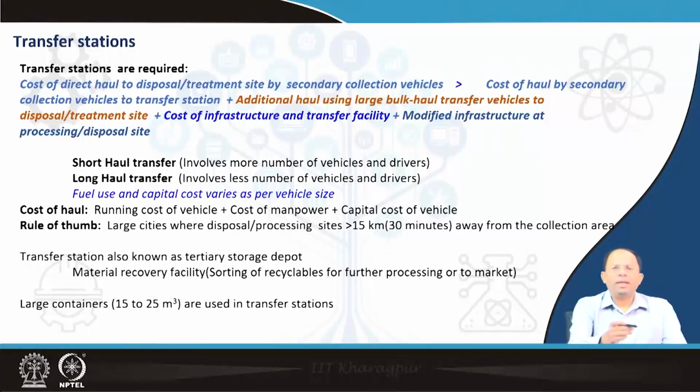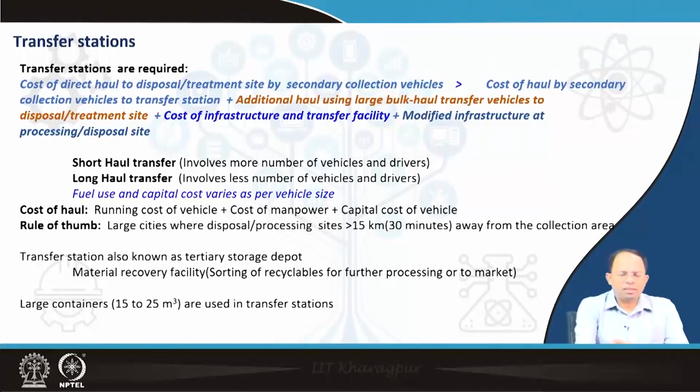Now, coming after vehicles, we will talk about transfer stations. We have talked about in tertiary collection systems that we have to provide transfer stations if the distance of the final disposal site or the waste processing centers is far away from the collection points, right, or the secondary storage points.